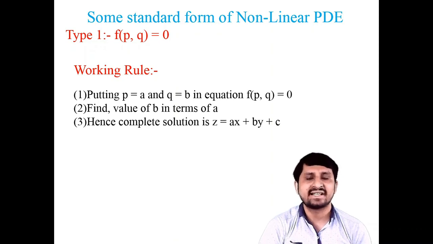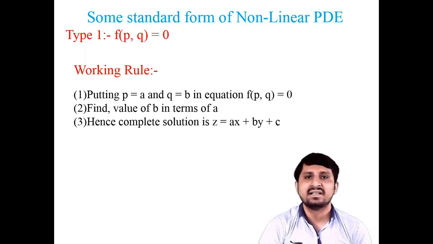After that, our second step is you have to find the value of b in terms of a, and our complete integral is z is equal to ax plus by plus c. So whatever the value of b in terms of a, you have to put in this equation, in which z is equal to ax plus by plus c.